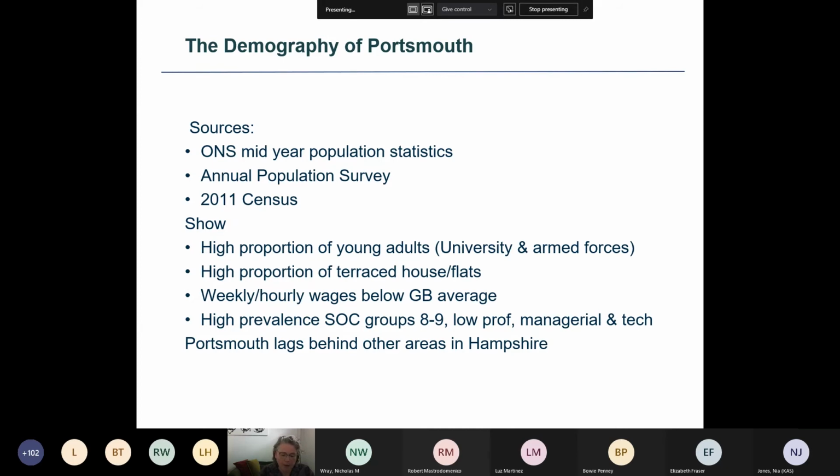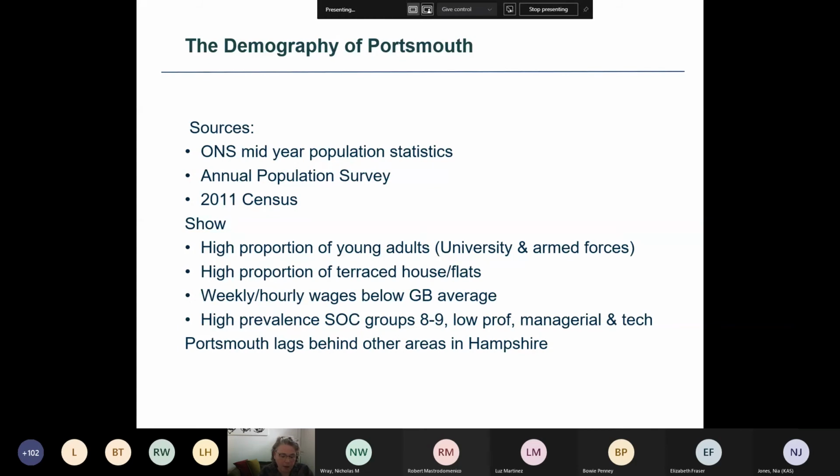There is a relatively high proportion of residents in occupation groups 8 to 9. These are labelled as process, plant and machine operatives or elementary occupations. And there's a low level in manager, director, professional and technical occupations.